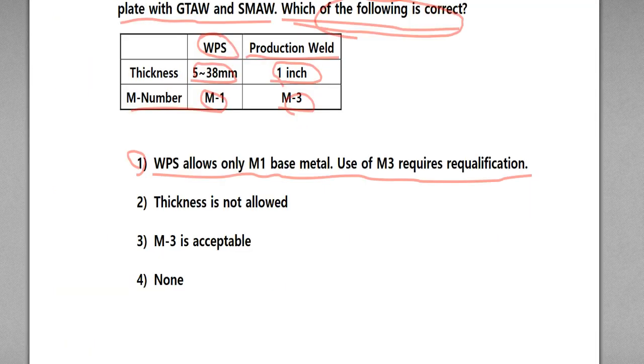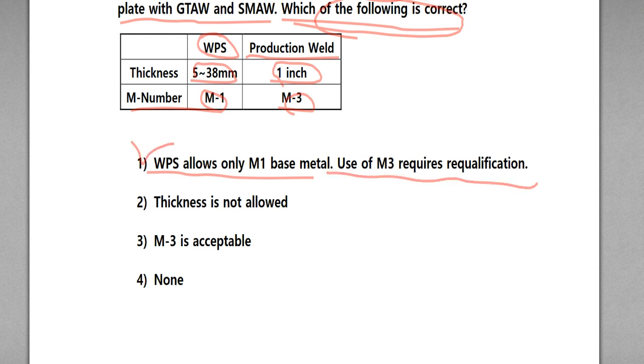So in the question here, M1 does not qualify M3. But if the WPS says M3, then in production welding M1 is possible, because a higher M number qualifies a lower M number. So the answer is: WPS allows only M1 base metal, and use of M3 requires requalification.